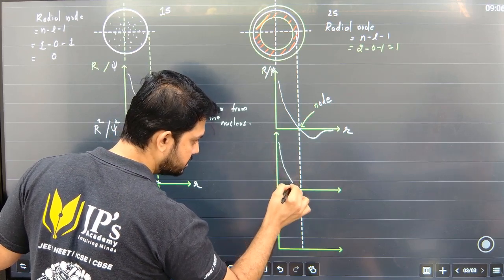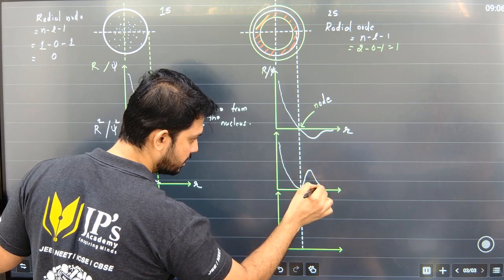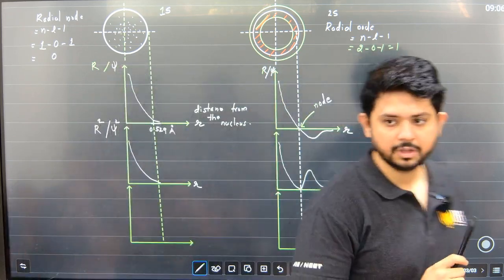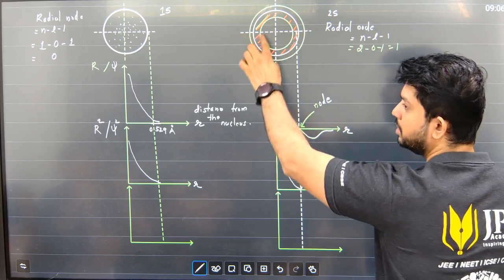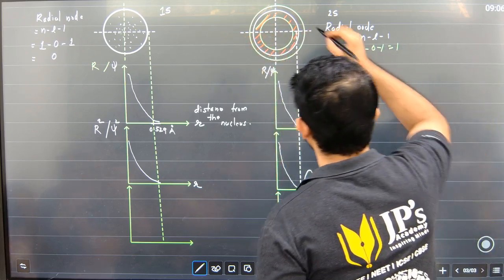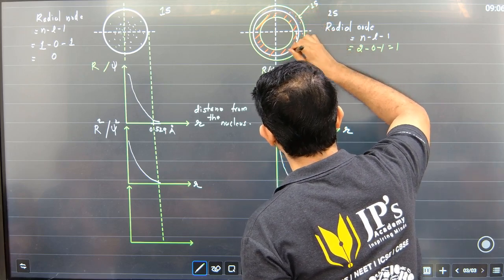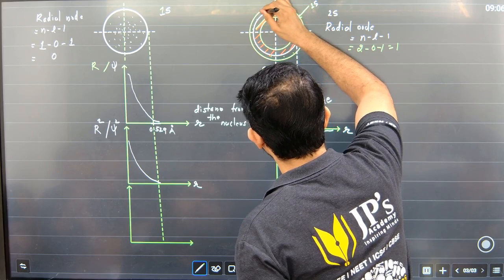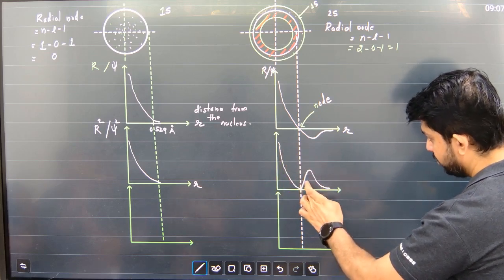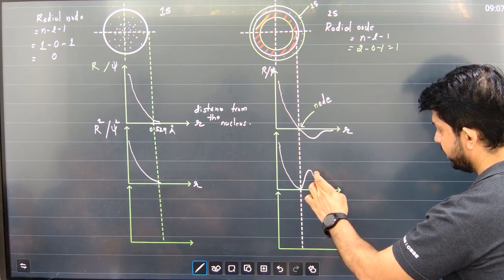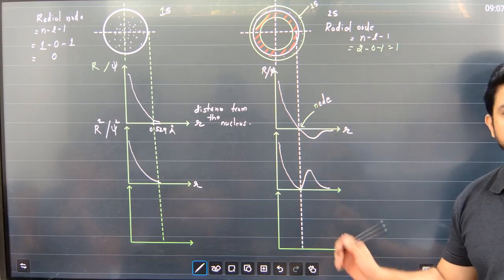The plot becomes 0 because you have reached a node, and why does it increase again? In the red region there are no electrons. When you move from that to the 2s subshell, again यहाँ पे अंदर क्या है? And that is why the plot again increases. Then again when you start moving away, the plot starts to drop. Did you get that?